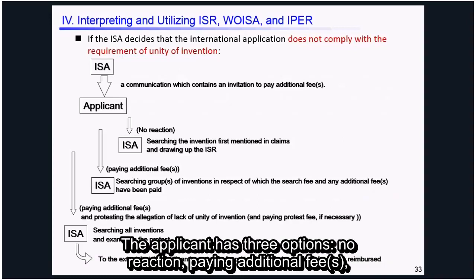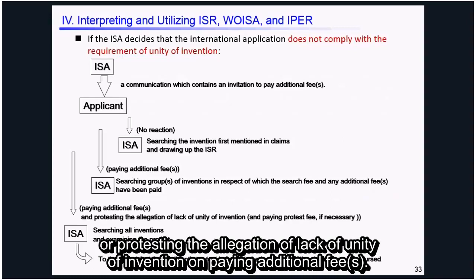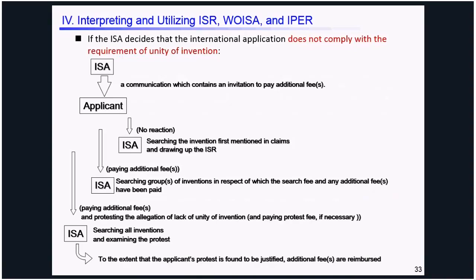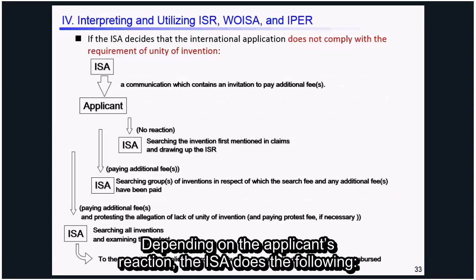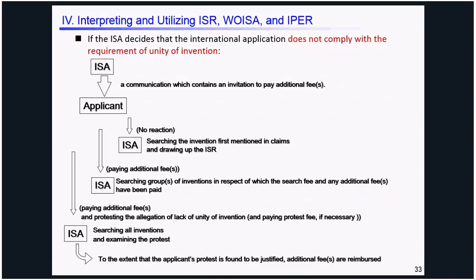The applicant has 3 options: no reaction, paying additional fees, or protesting the allegation of lack of unity of invention on paying additional fees. Depending on the applicant's reaction, the ISA does the following.